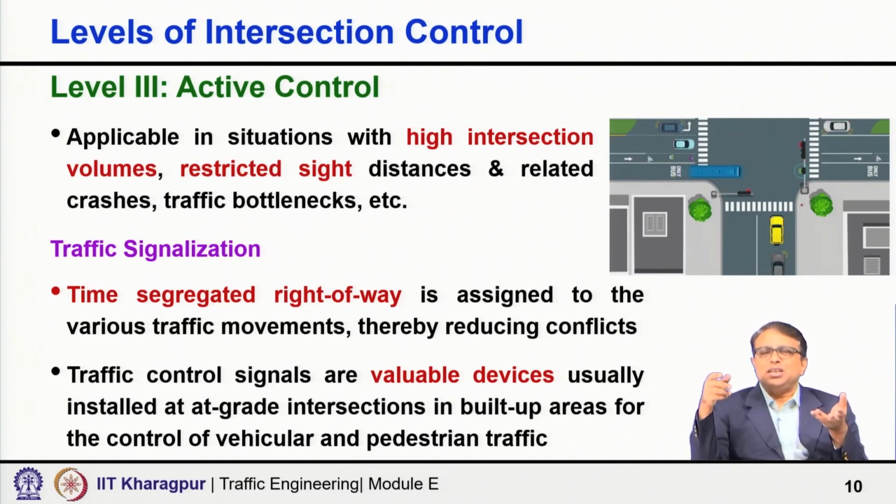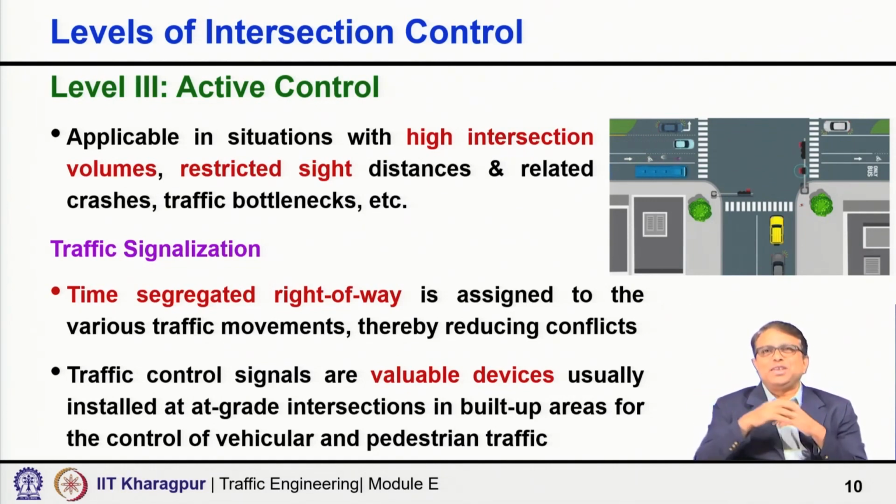You have used a yield sign, then even a more strict control by providing a stop sign, but still you may find that the overall geometry, configuration of the intersection and traffic volume altogether make the operation not safe. Or sometimes even the minor road traffic is not getting an opportunity to do the maneuver safely. Maybe they have to wait for a long time, which itself is not very desirable.